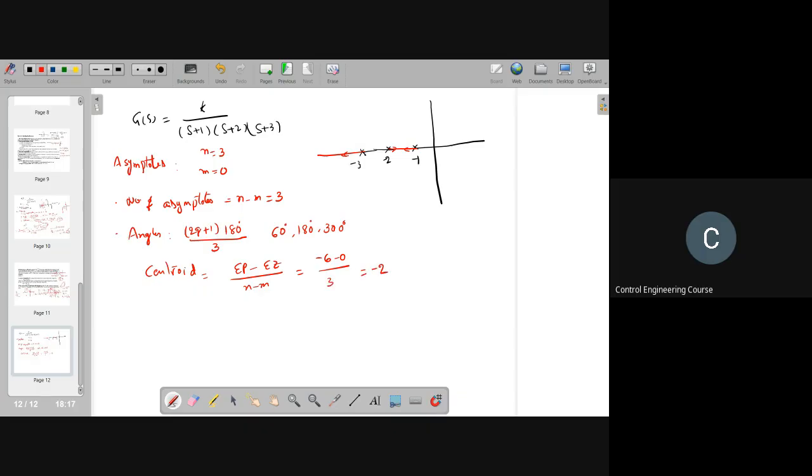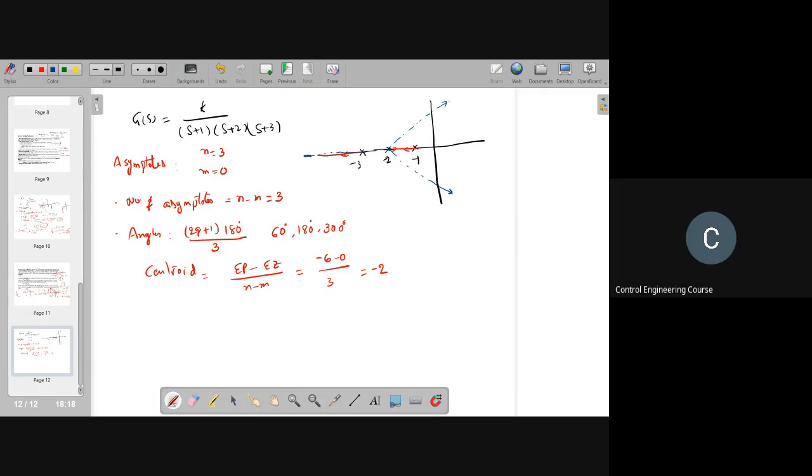Using this information, first we need to draw the asymptotes. The asymptote starting point is the centroid, minus 2. Here it is starting, and one asymptote has an angle of 60 degrees, another is 300 degrees, and another is 180 degrees, that means in this direction.